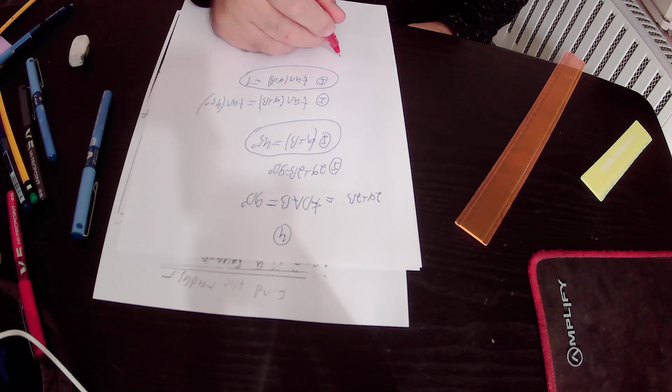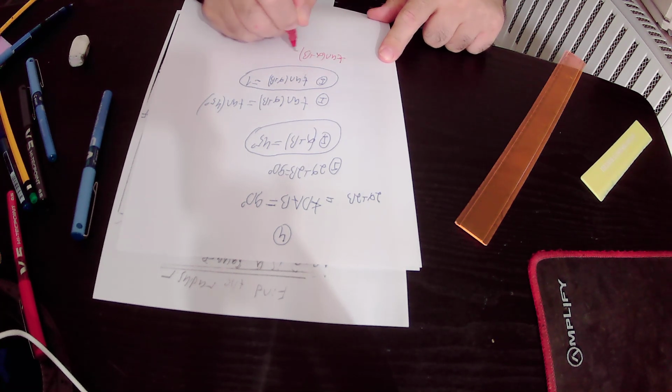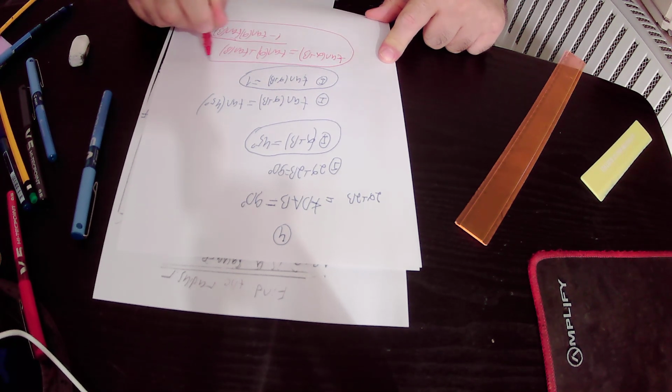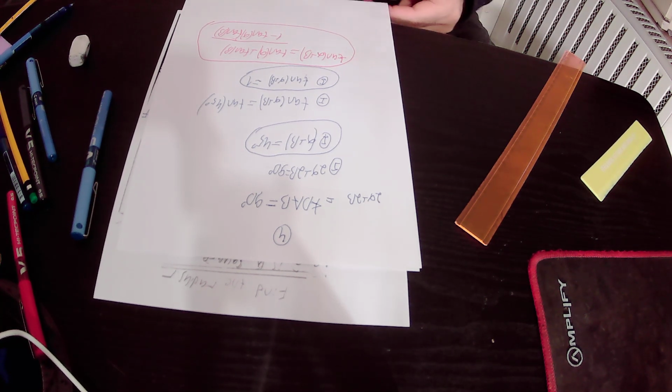According to this identity, tangent of alpha plus beta is tangent alpha plus tangent beta over 1 minus tangent alpha times tangent beta.